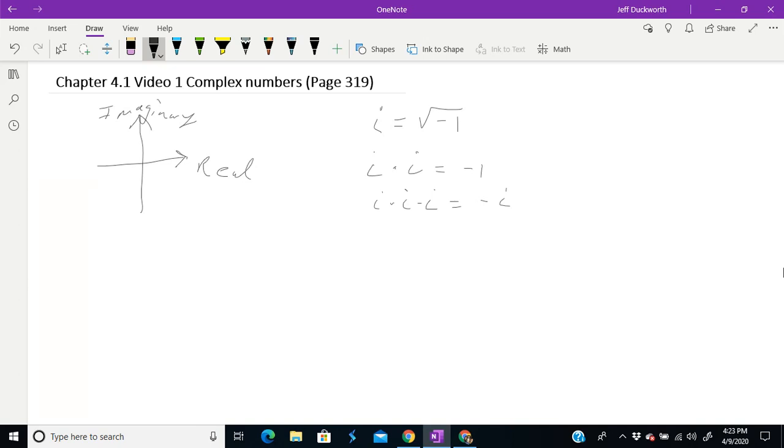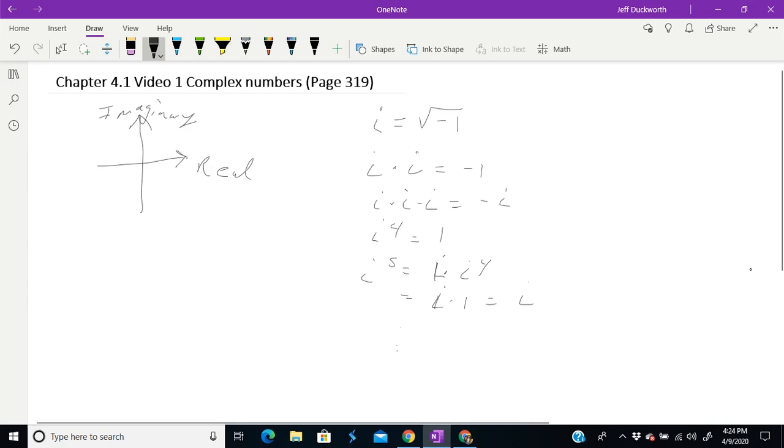And that's i to the third, so if we take i to the fourth, it is equal to 1. i to the fifth is 1 times i to the fourth, which is i times 1, which equals i again, and the process repeats. So i to the sixth will be -1, i to the seventh will be -i, and so forth.